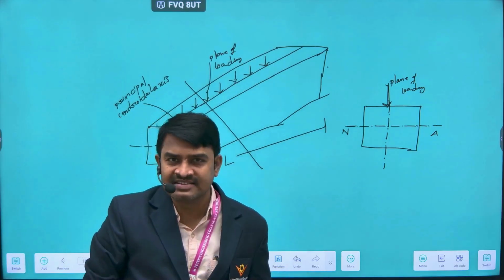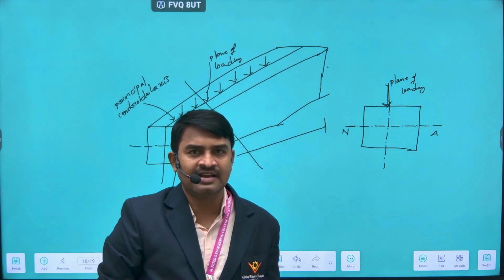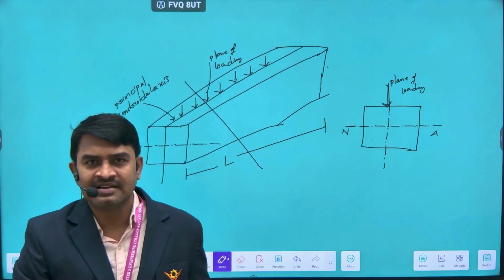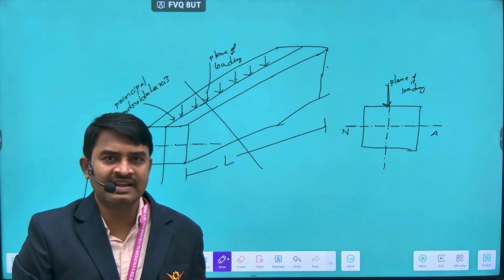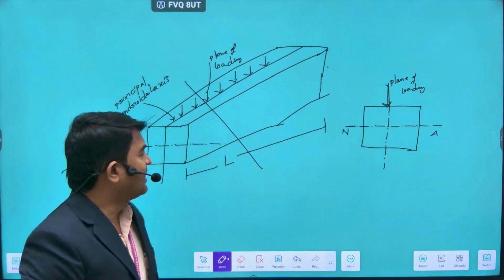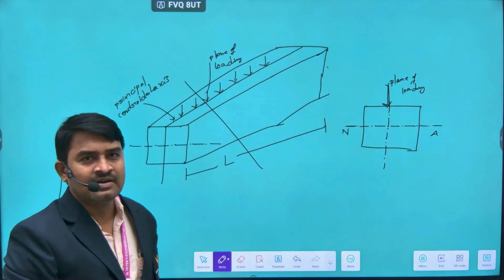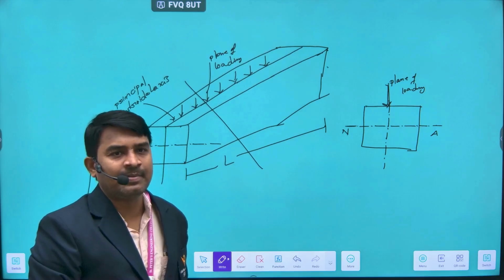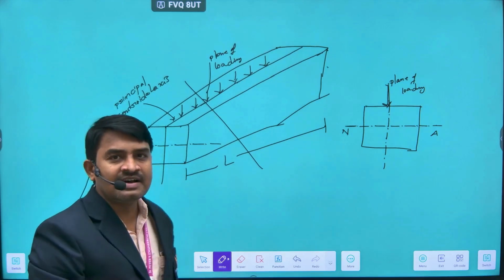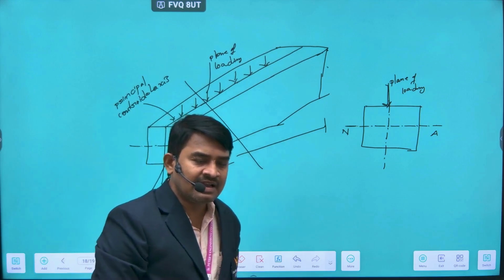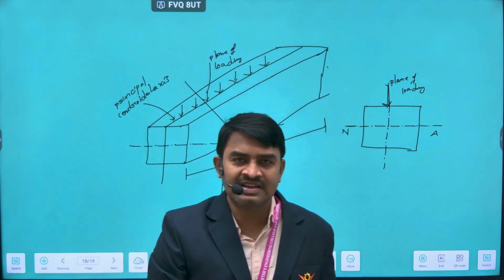So symmetrical sections are a rectangle, a circle or a symmetrical I section. So why is it symmetrical bending? The plane of loading acting along the principal centroidal axis is truly normal or perpendicular. Now, when will this type of symmetrical bending come across in civil engineering?